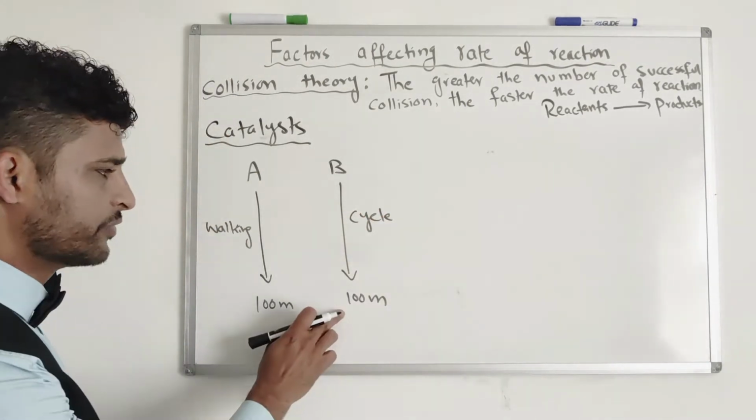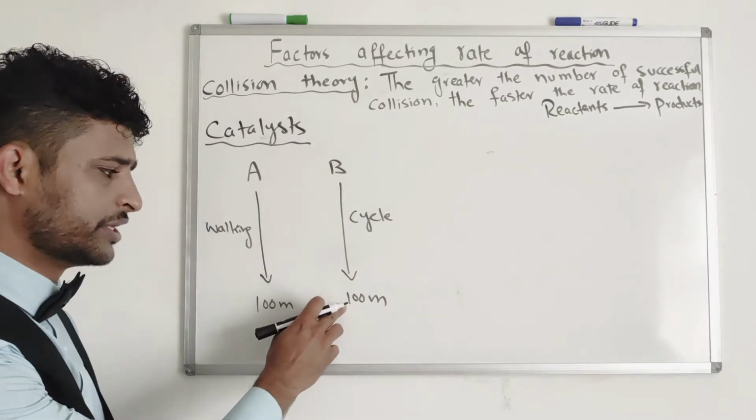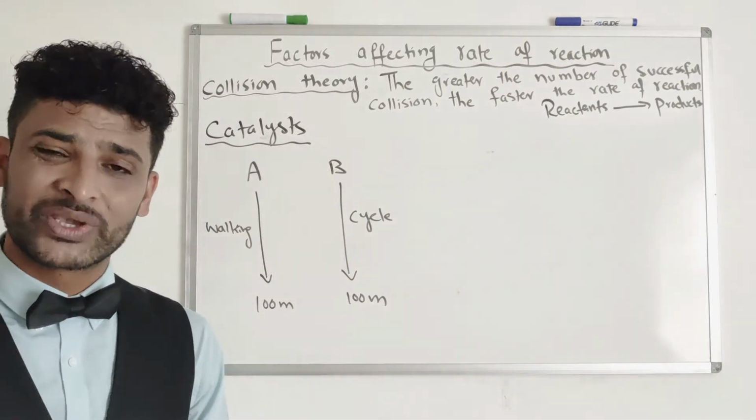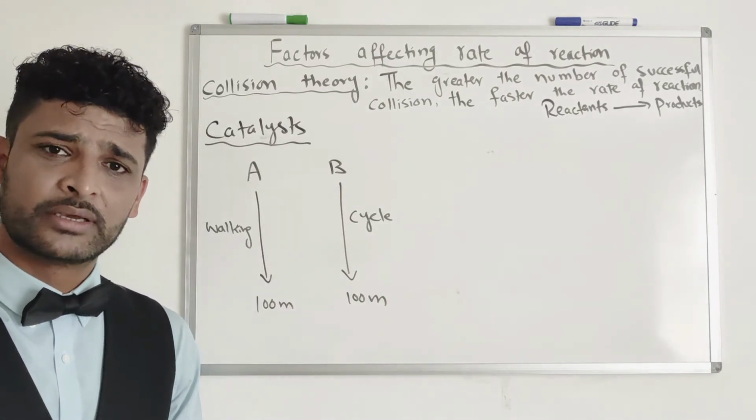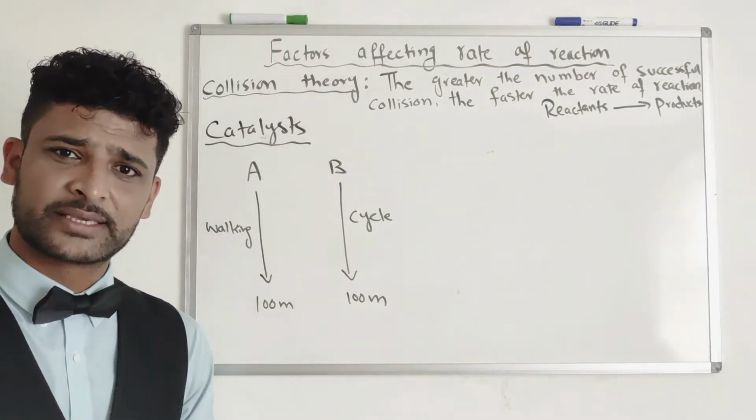Mr. B will reach his destination quickly as compared to Mr. A. The reason is pretty obvious, he's using a cycle.